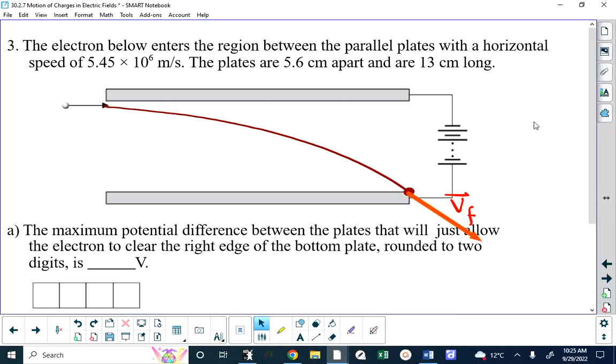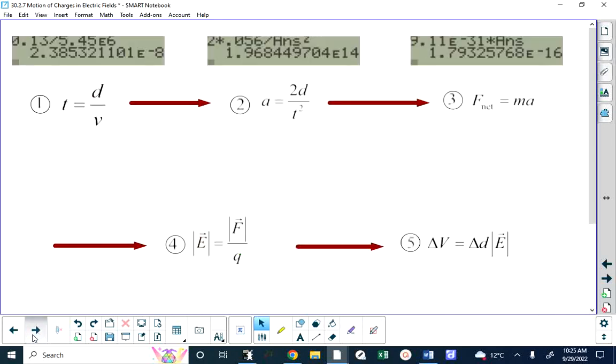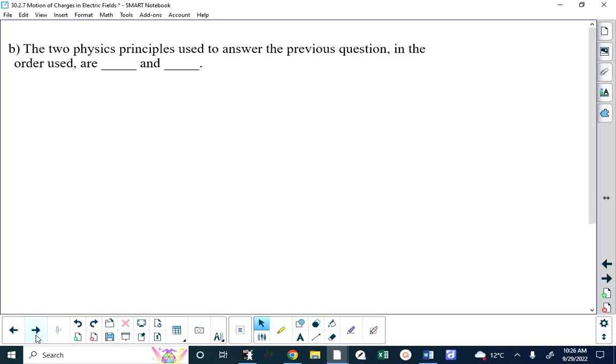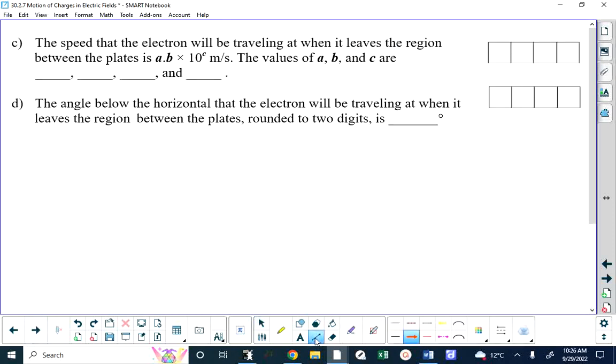The VF that we're looking at here is the final combined velocity that's a result of the horizontal and vertical components added together. So in this question, we know the object is traveling in this direction.